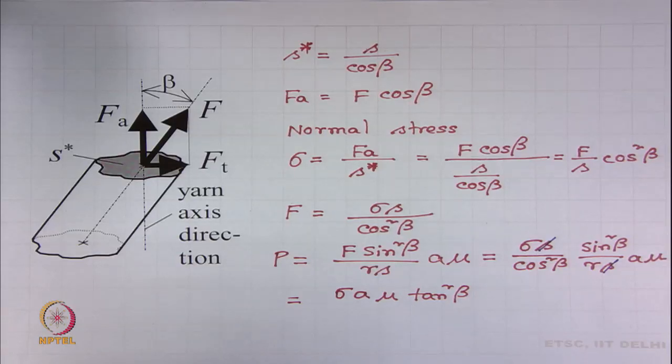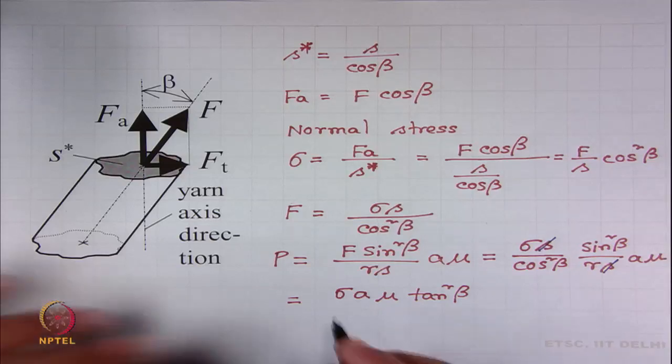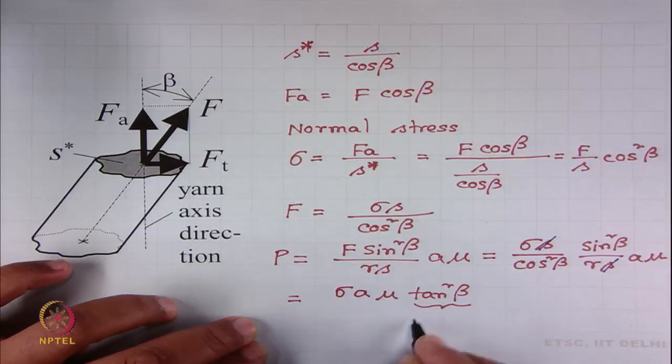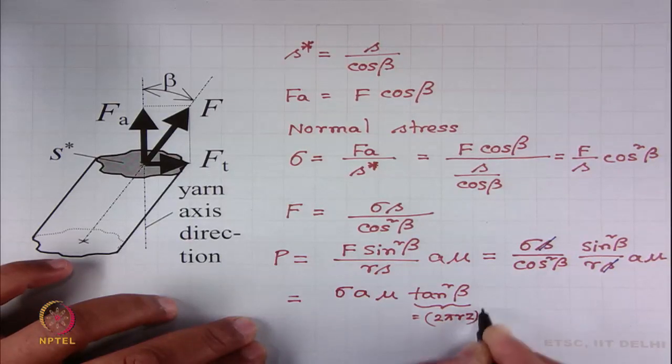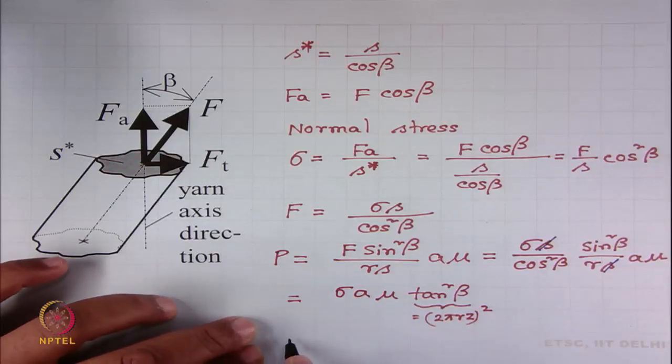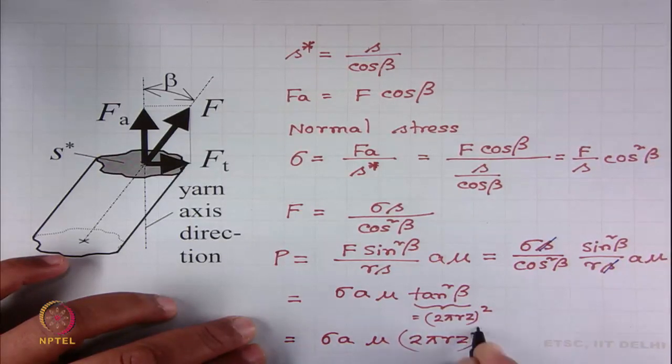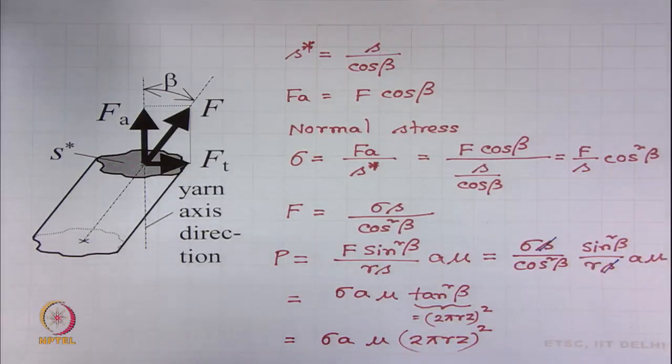Tan beta is 2 pi r z. So, what is this tan square beta? 2 pi r z square. So, if we substitute, we obtain sigma a mu 2 pi r z square.